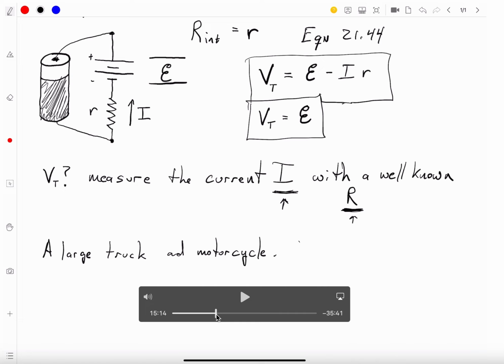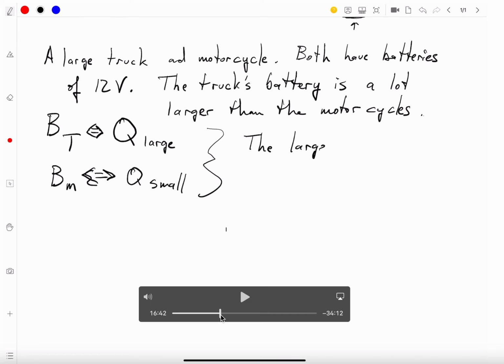So that can't happen, and since it can't happen, we don't even look at Vt equals the electromotive force. We just go straight to Vt equals the electromotive force minus the current times the internal resistance.